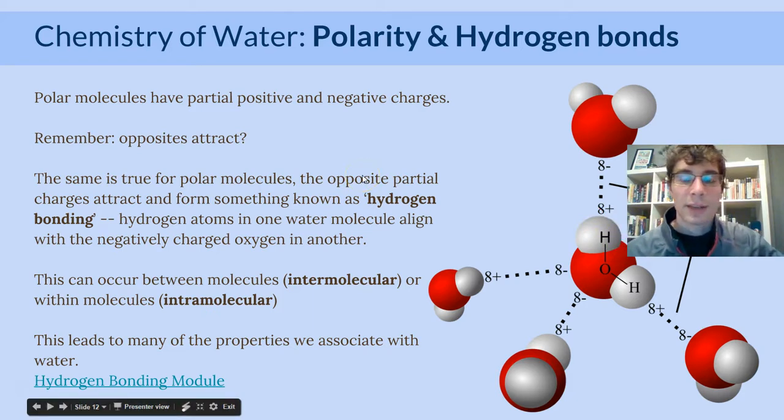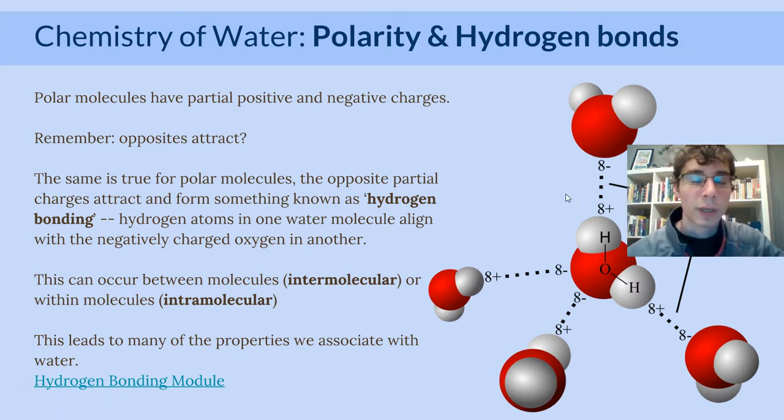And what happens is that when lots of water molecules are around each other, the positive atom with this partial positive charge right here from the hydrogen is going to want to be closer, or it's going to form a little bit of an electrostatic bond with this oxygen atom.